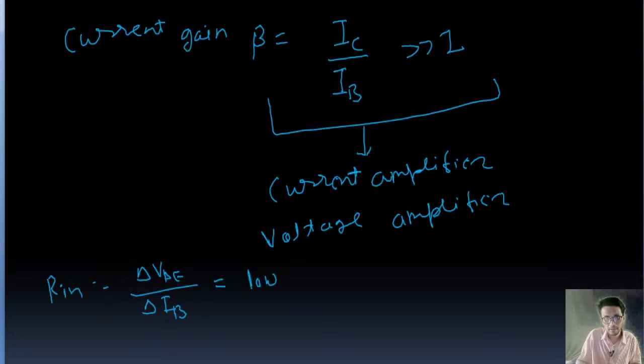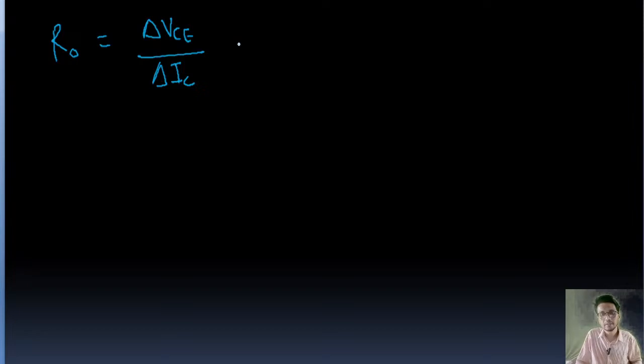R out is going to be delta VCE upon delta IC, and this is a high resistance.